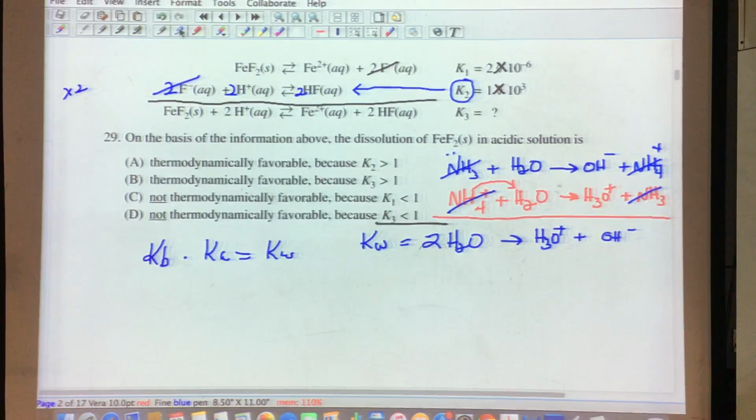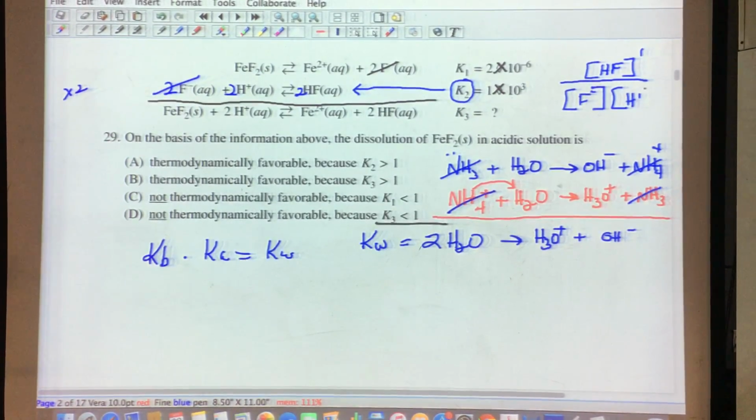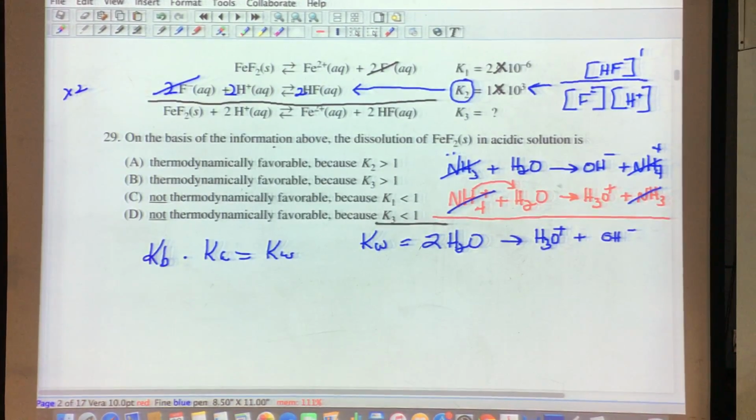Let's just, for fun, it is a lot of fun, write the equilibrium expression for this reaction. It's going to be the product, HF, okay? It was to the first power, and it was F negative to the first power times H plus to the first power, and it equaled this number, okay?